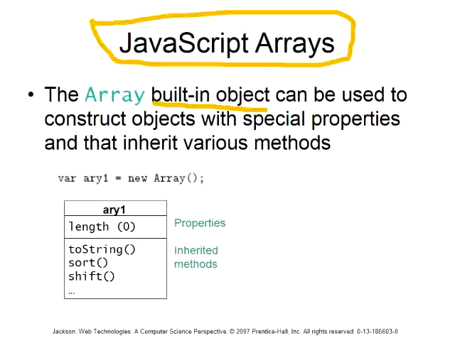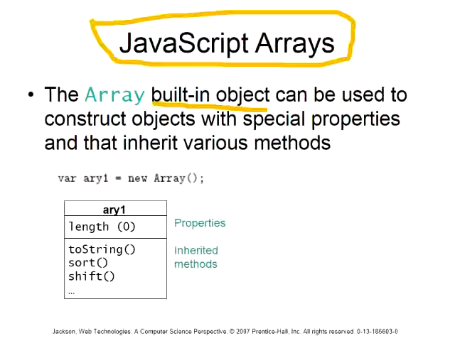Built-in object means a predefined object from the language itself. So JavaScript offers us a built-in object, Array.